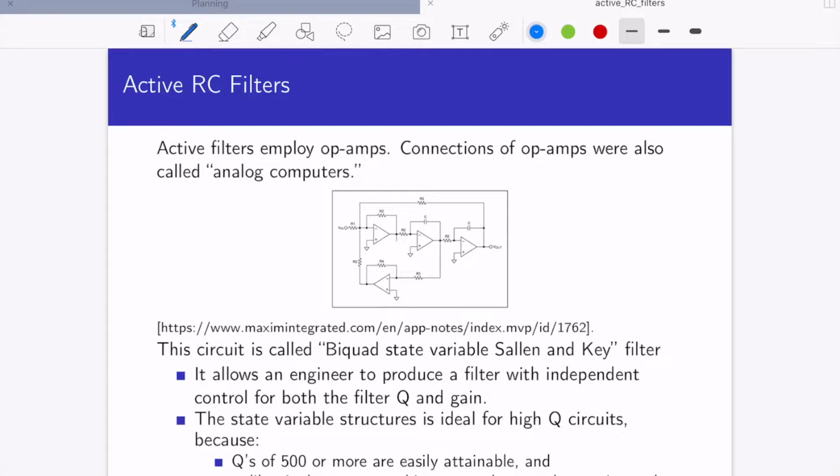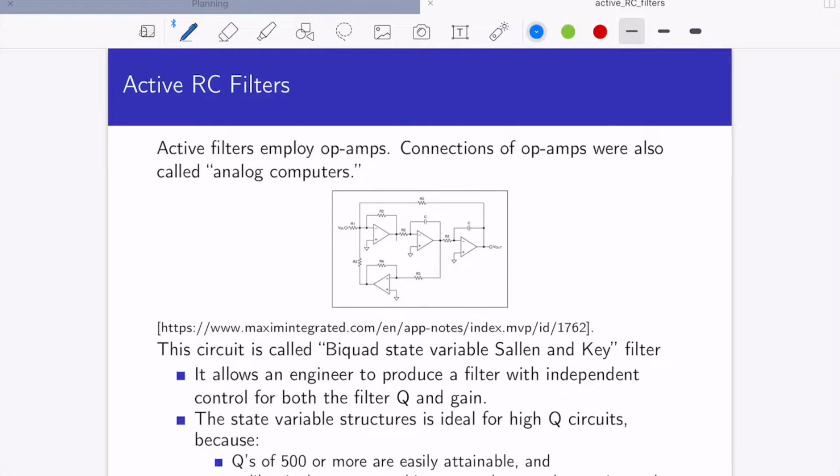And also, when we talk about filters, we talk about a filter quality called Q. You want to have high Q values, which tells you about the quality of your filter. This circuit will also allow the designer to choose values of R's and C's to give you that high Q value.